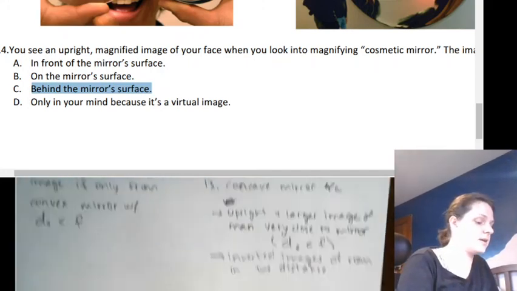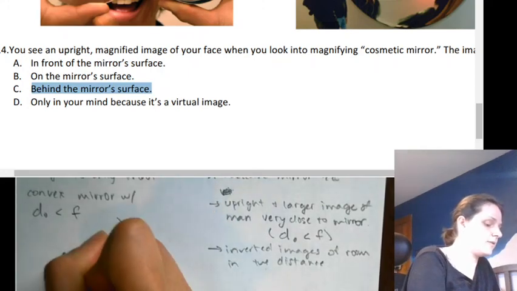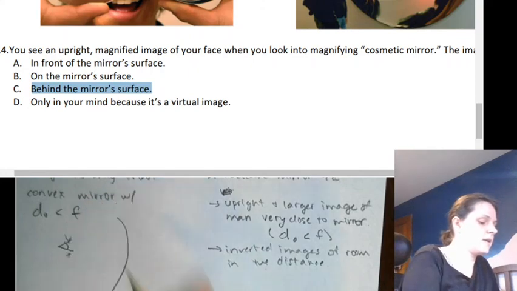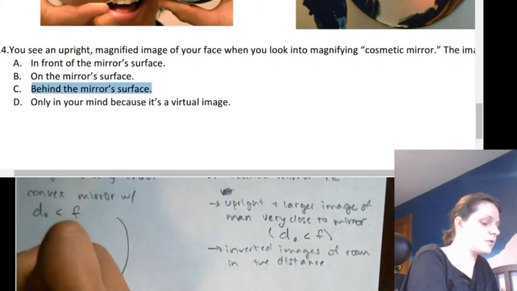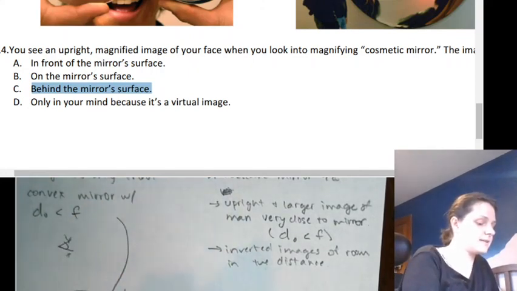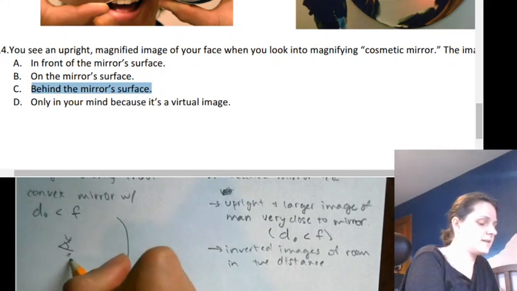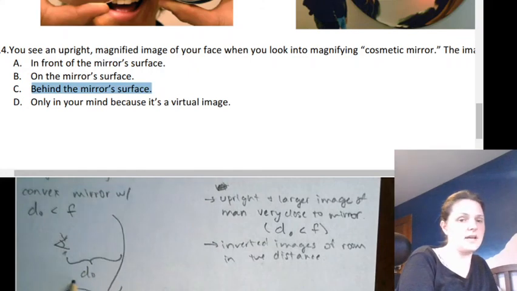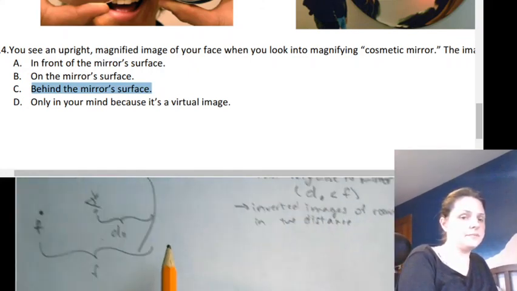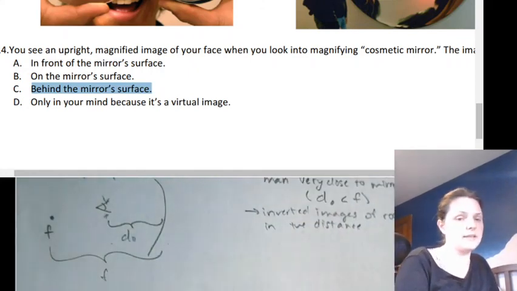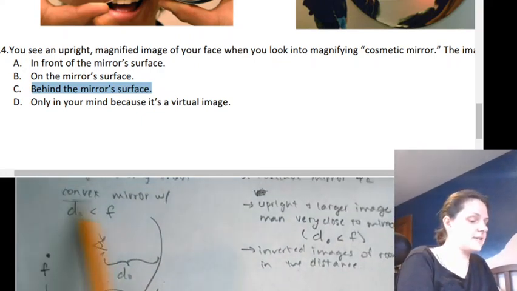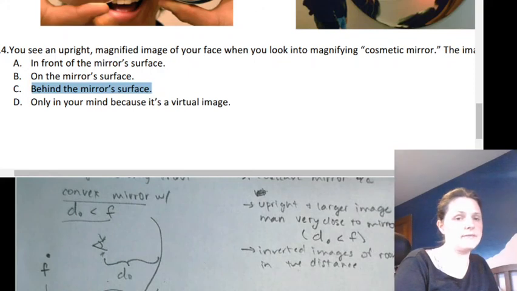So the distance to the object, right? If your face is here, I'll draw an eyeball for your face. It must be inside the focal length of the mirror, looks like this, and this is the distance to the object. So the distance to the object is less than the focal length, and that's how we can say that this comes from a mirror with DO less than F.